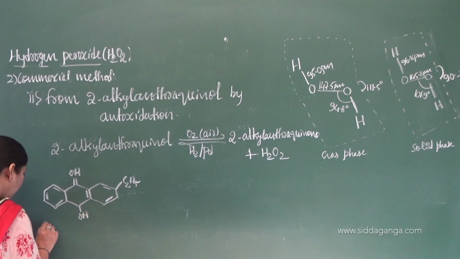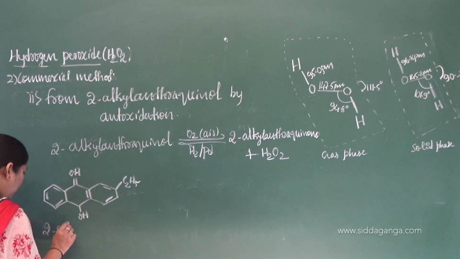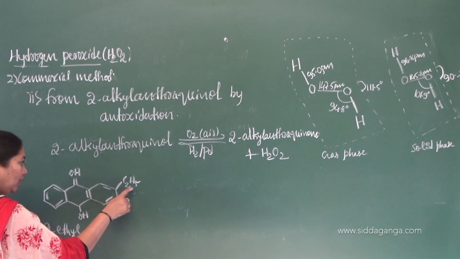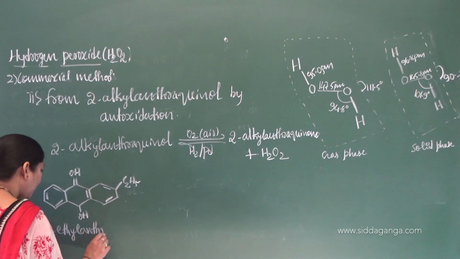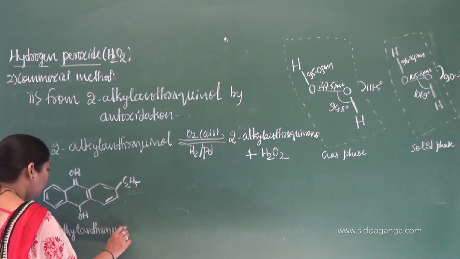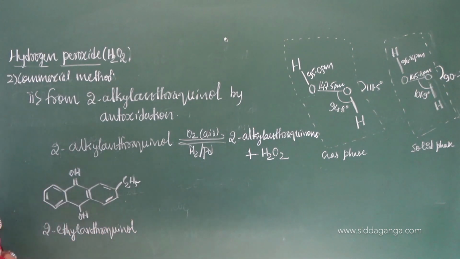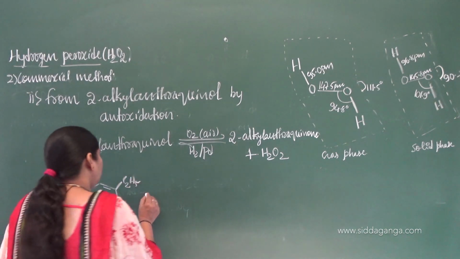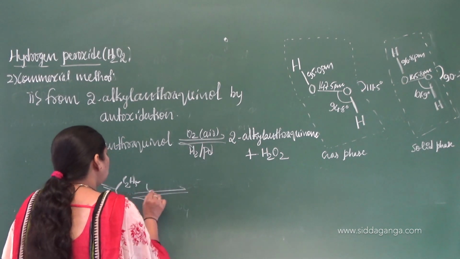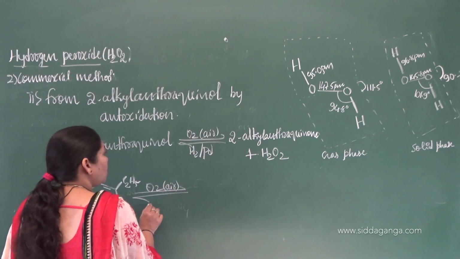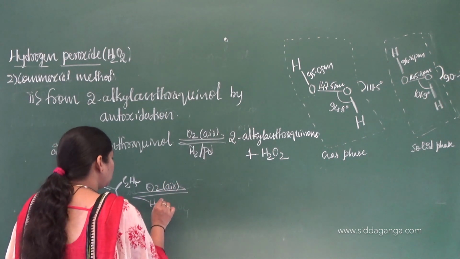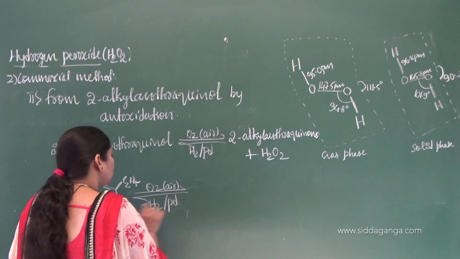So what is the name of this compound? 2-ethyl. It is an ethyl group now, right? Ethyl anthraquinol. So if you subject it to the oxidation reduction reaction, this is right. The forward reaction is oxidation, the backward reaction is reduction. So what product are you going to get?